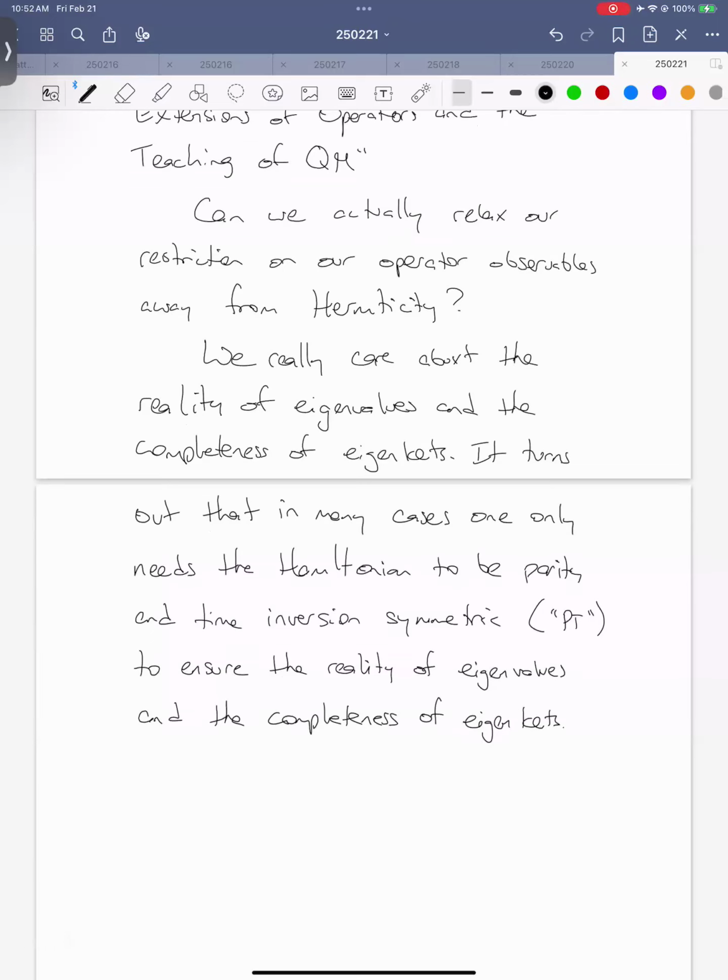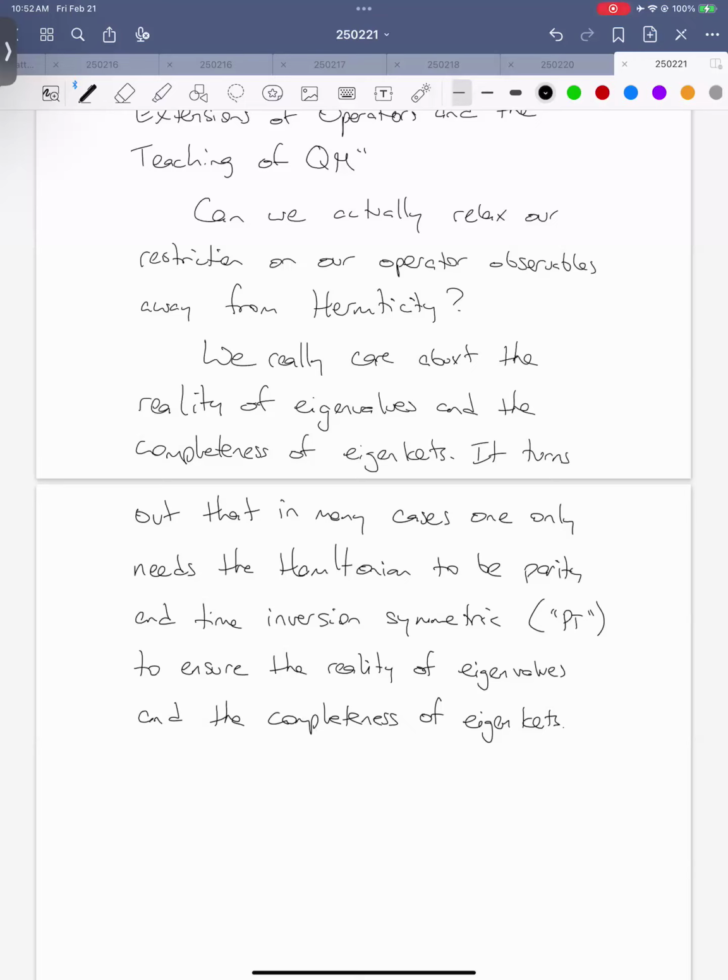And people claim, and I think it's probably true, that PT quantum mechanics has been one of the most interesting and active areas of research in quantum mechanics in recent years. The first example of PT quantum mechanics was published in '98.